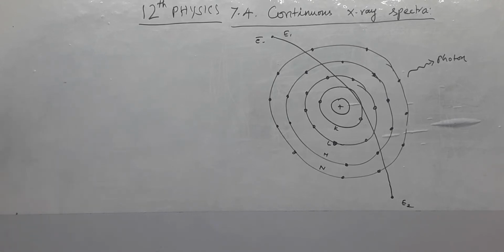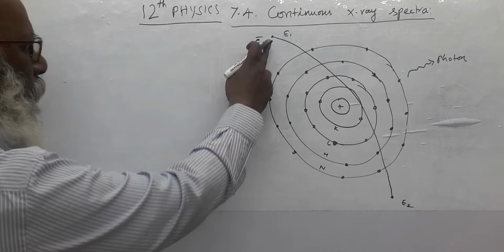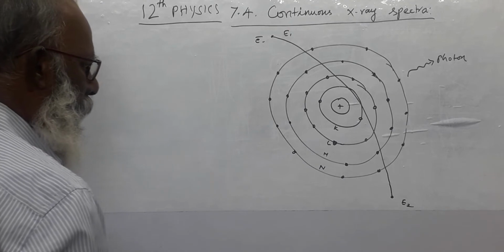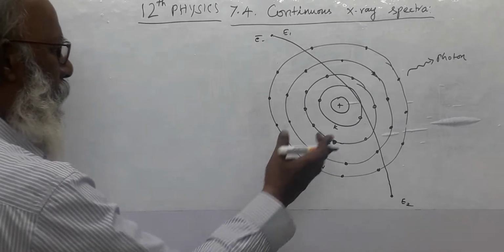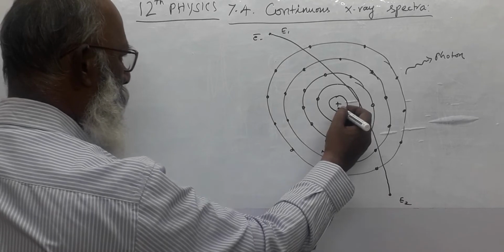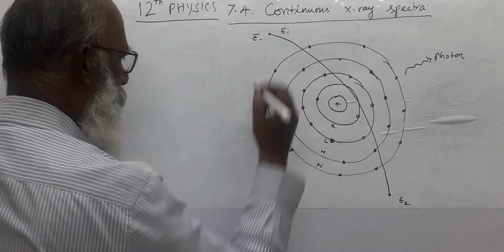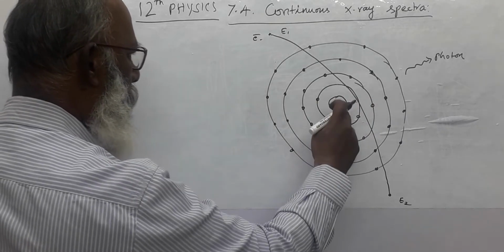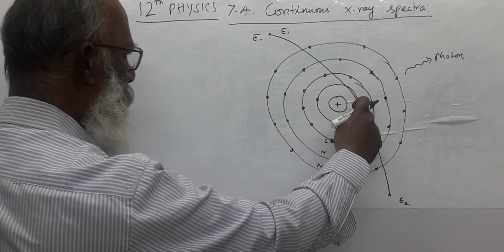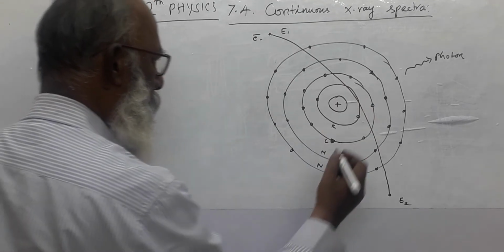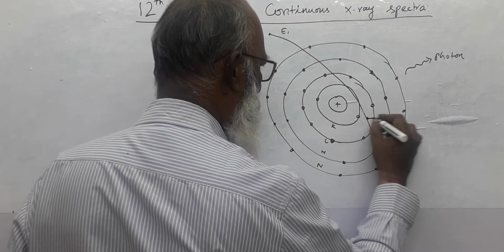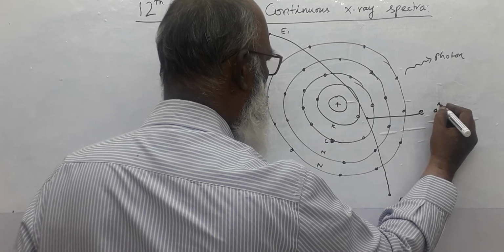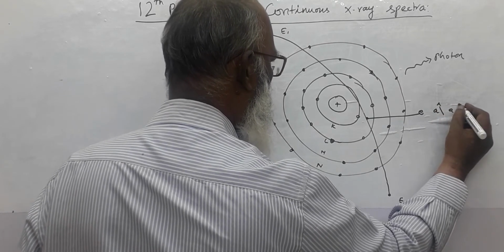When a fast moving electron penetrates an atom, what happens here? It approaches towards the nucleus, so there may be a repulsive force on the electron, and that is why the electron's acceleration may increase or may decrease.